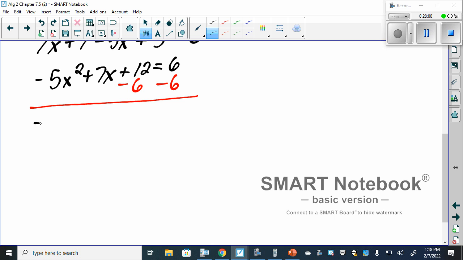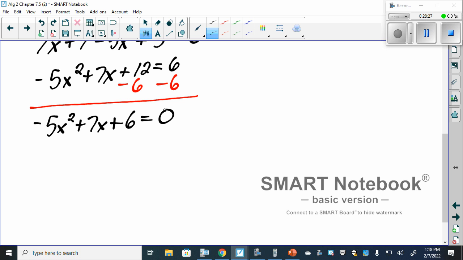And this here will tell us that we have negative 5x squared plus 7x plus 6 is equal to 0. Now we can't graph this, and if we graphed it, it would give us one whole number solution and one fractional solution.